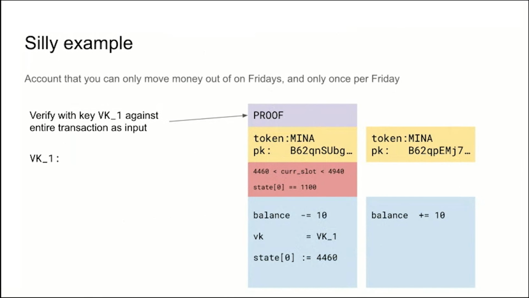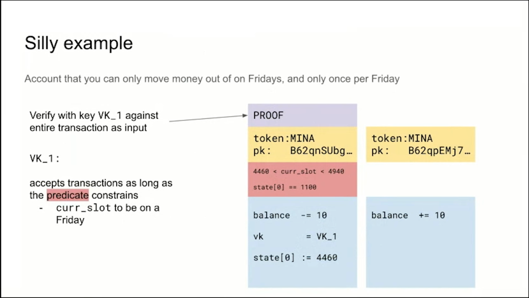Subtract 10 from my balance and set my state 0 equal to 4460, the slot at the beginning of today's Friday. And then send that 10 to this other person, B62QPEMJ, whatever. We need to be able to encode that logic that enforces that the only proofs that are going to verify against VK1 are ones that do the right thing Friday-wise.